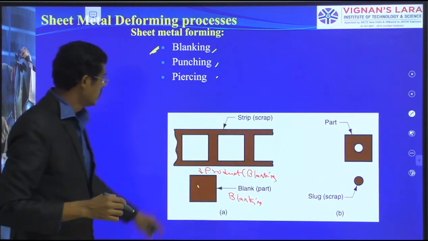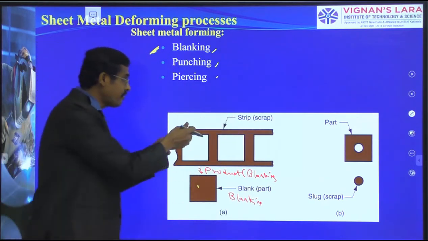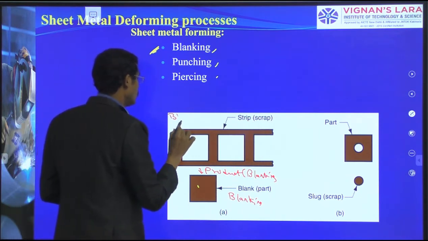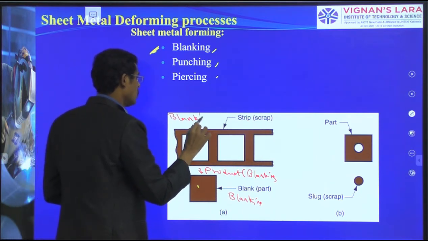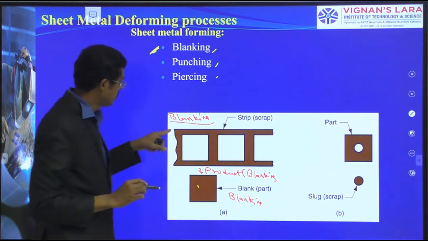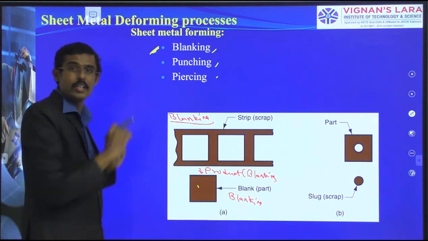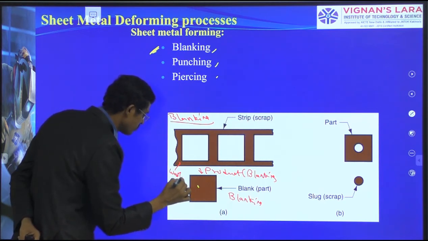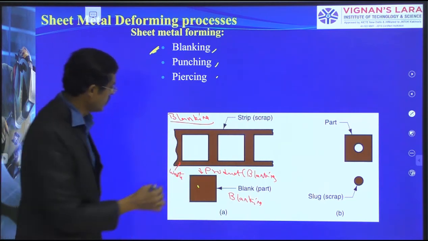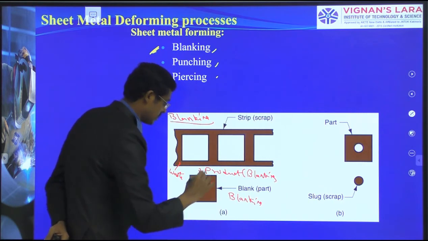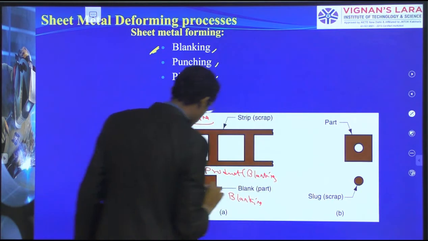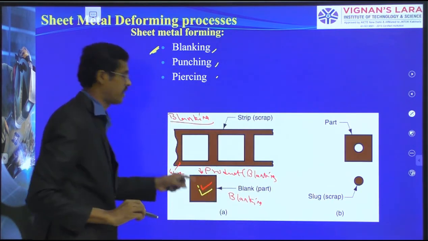Now, according to blanking, this top part which is left over there is going to be the waste, and this is going to be the product. So we are taking this. We have taken this blank as the one we need.